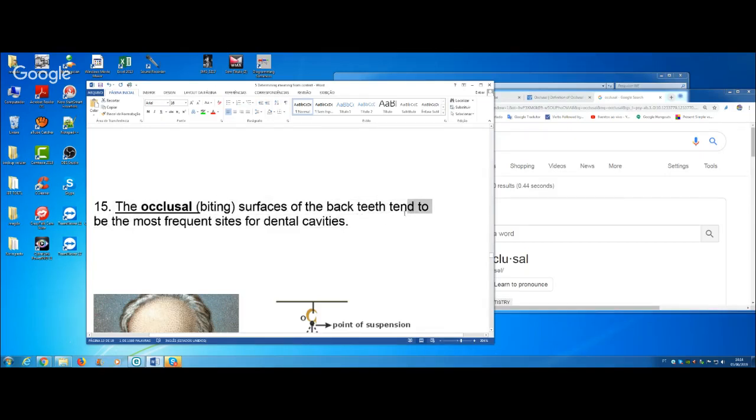So here's my definition of the word. Actually, it's simpler. I can just define it as a kind of bite, a form of bite.